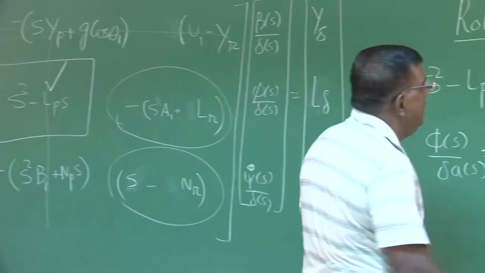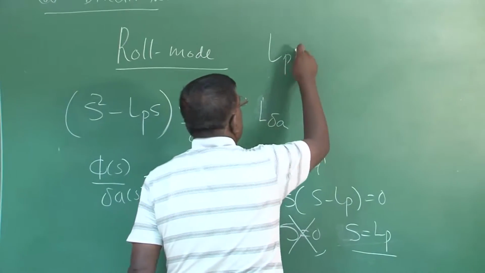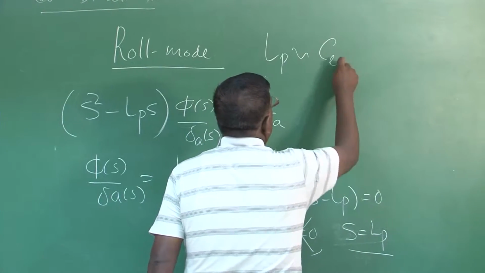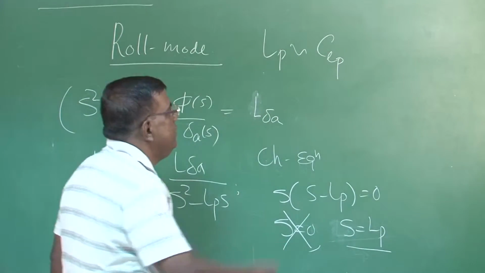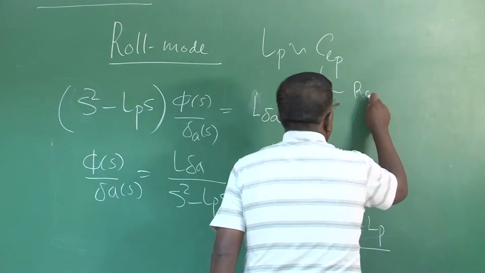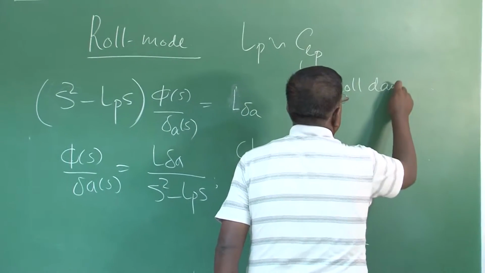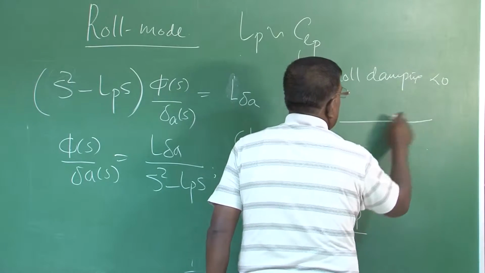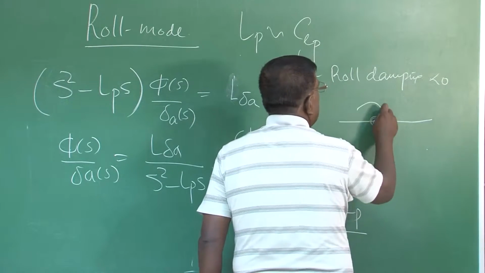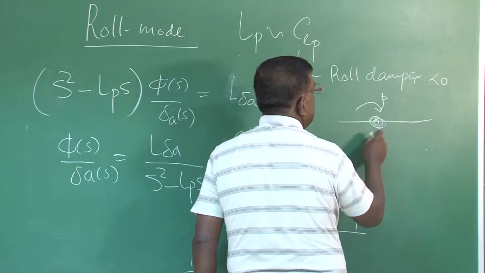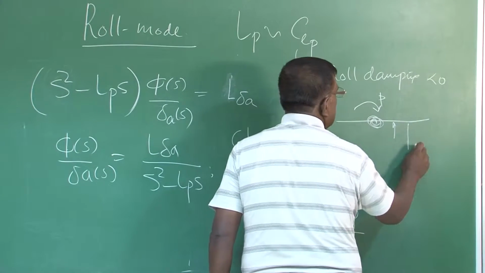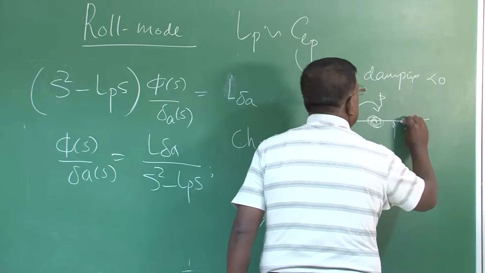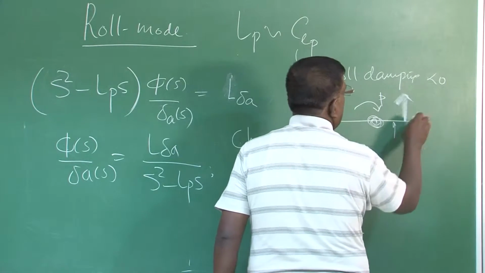And what is L_p? L_p, you know, has C_l_p in its term, and C_l_p is roll damping, which is less than 0. Just to recall, if this is the airplane and it is having a roll rate P like this, then at every station there will be a relative airspeed, which will induce angle of attack as it is moving.